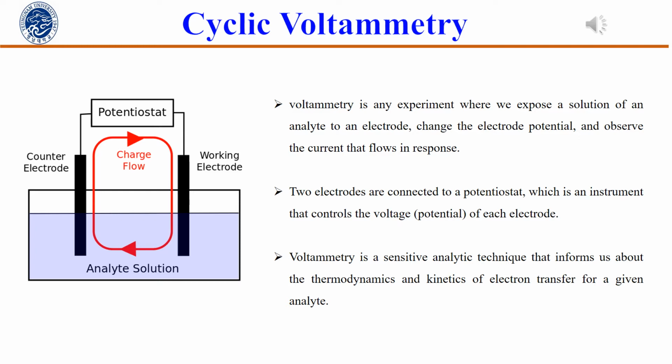So voltammetry is an experiment where we expose a solution of analyte to the electrode. Here we make a circuit out of a solution containing a molecule that we are interested in studying.